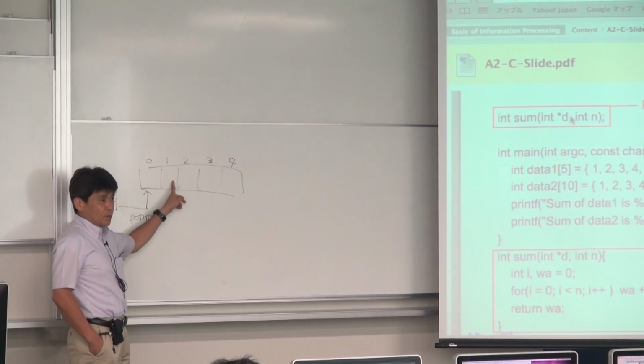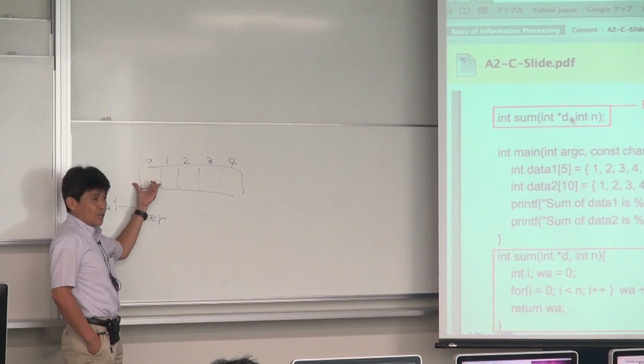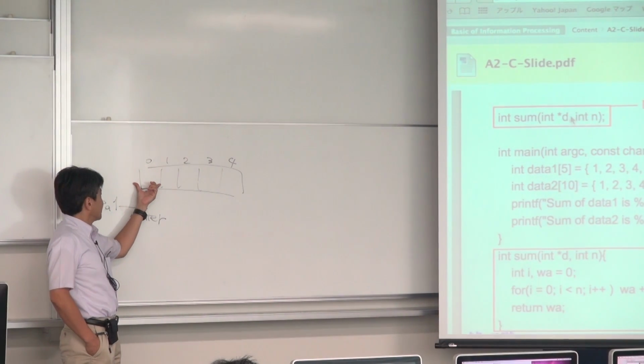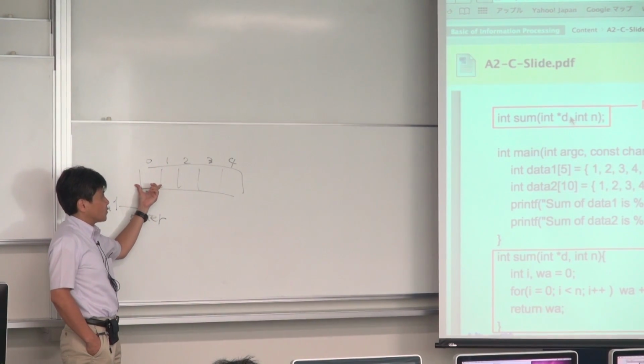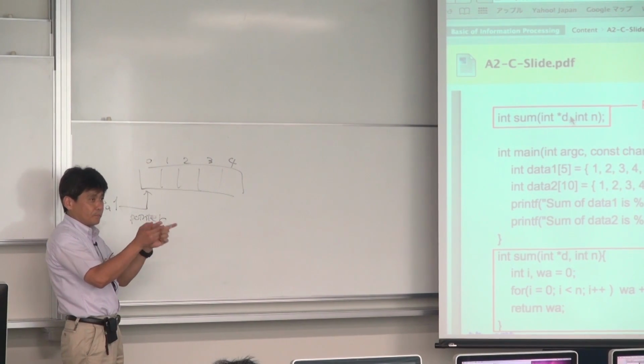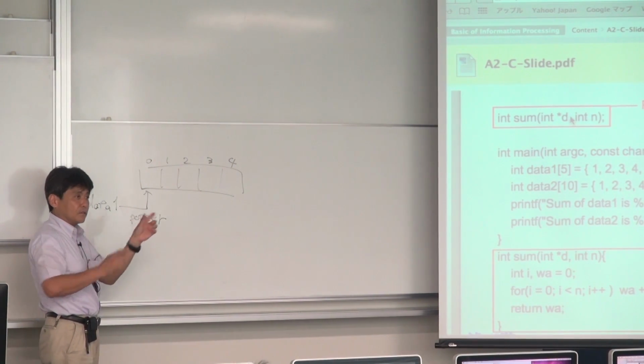First element, second element. Each data is an integer type. Okay. So each element has a corresponding size, for example, 4 bytes. Okay.